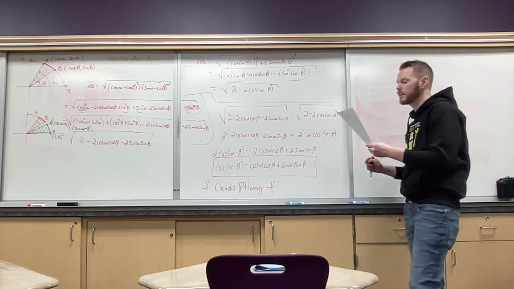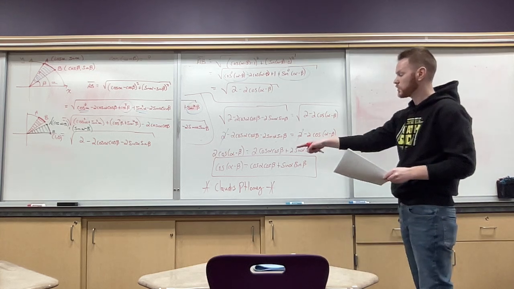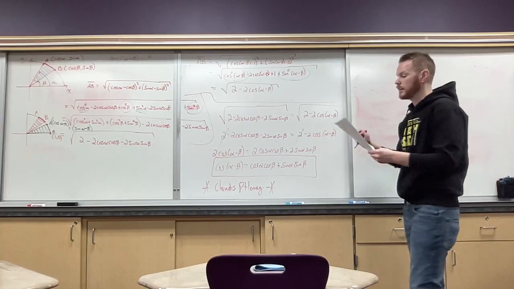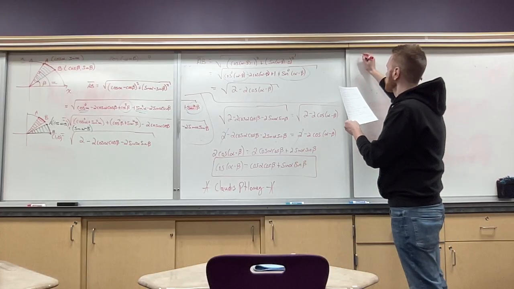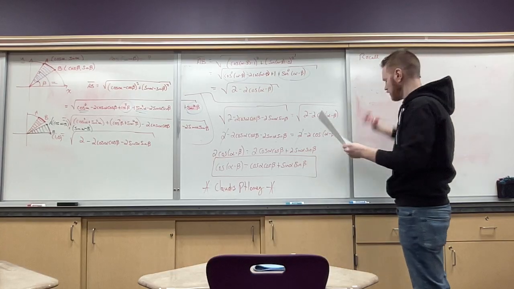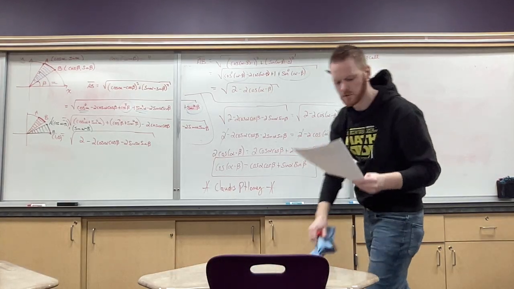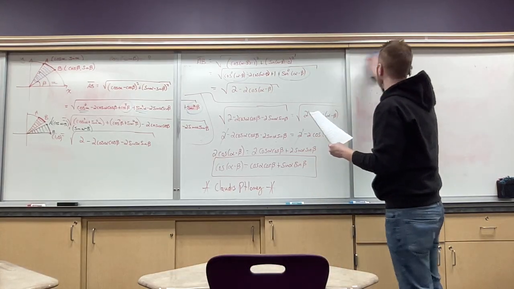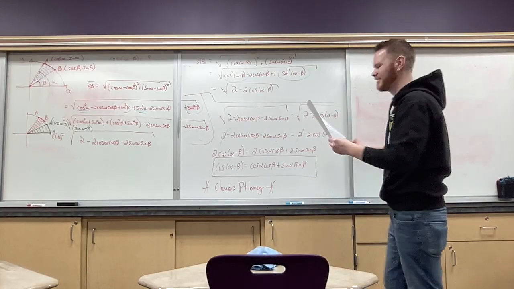Okay. Yep. Now, can we find cosine of alpha plus beta? Absolutely. And here's how we're going to do it. So if you recall, well, I'll tell you what. I keep jumping ahead. I need to quit doing that. I just need to go with what I wrote down here.